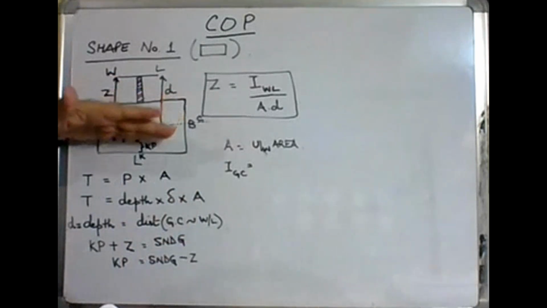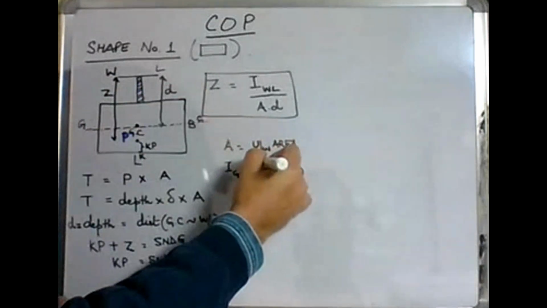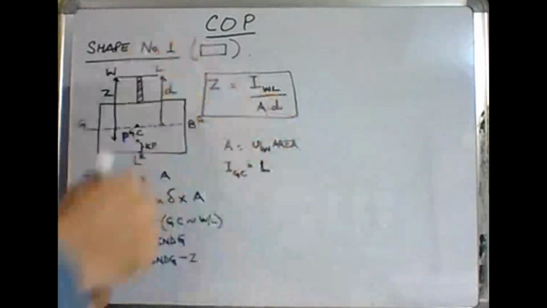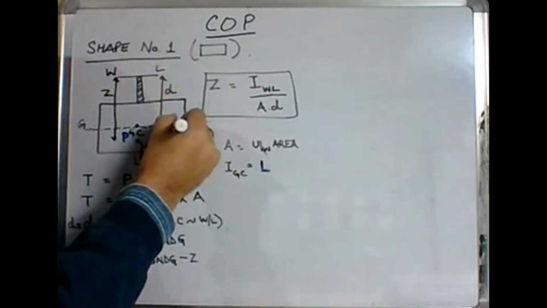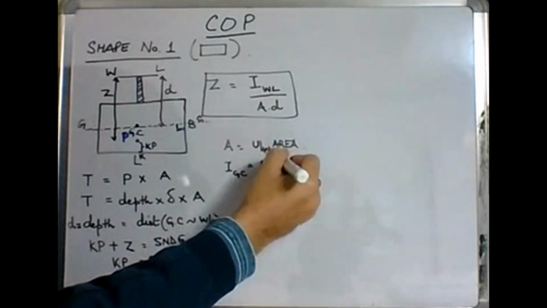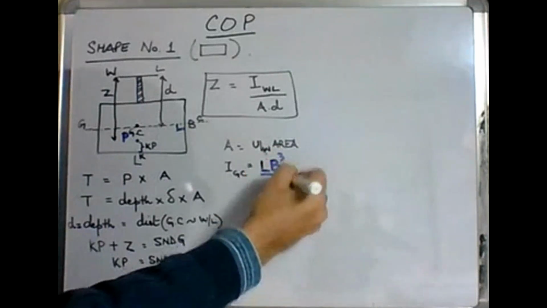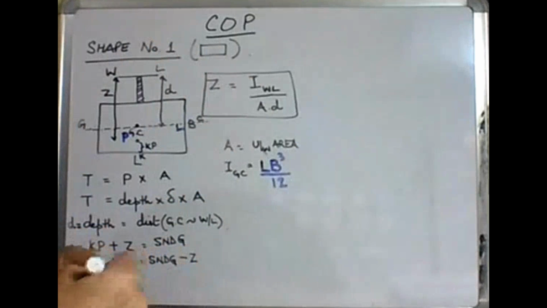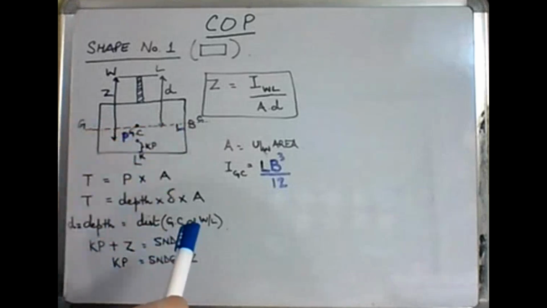The side which is parallel to the axis is powered as 1, L. The side which is perpendicular to the axis is powered as cube, LB cube by 12. So IGC is LB cube by 12 of the rectangular water plane.